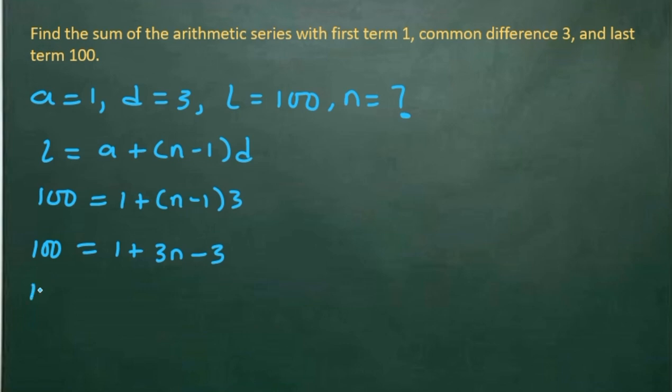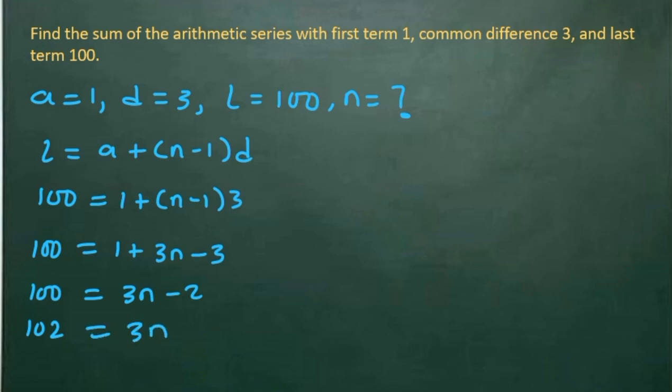Okay, so let's go ahead and simplify those. This is going to be 3n minus 2. Minus 3 plus 1 will give us minus 2. So grouping like terms, I send the negative 2 to the left hand side, which is going to give us positive. So that will be 100 plus 2, which is 102, equals 3n.